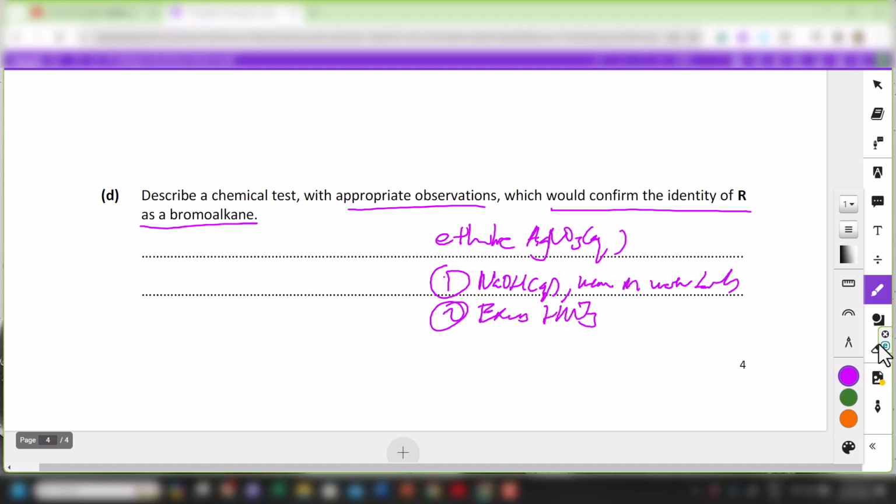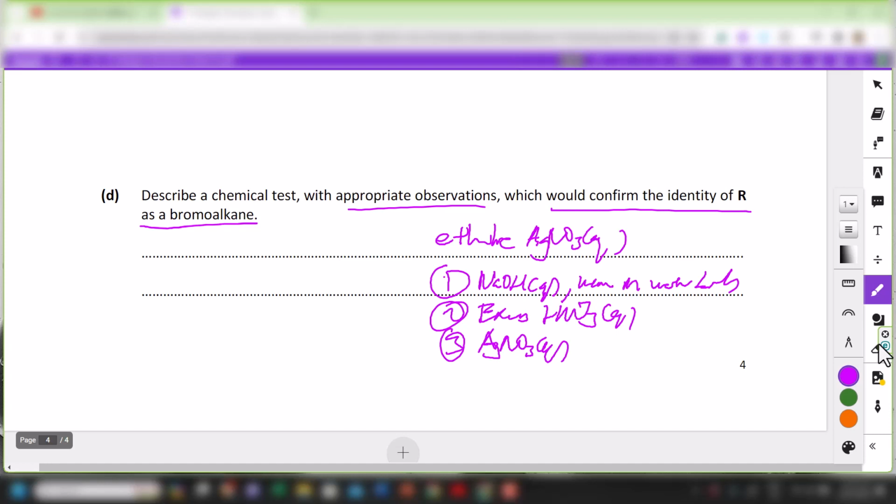The excess nitric acid is to neutralize the OH minus, so that the excess OH minus will not precipitate out silver hydroxide when I add silver nitrate in. Usually you test for excess nitric acid by dipping a blue litmus in and checking whether the blue litmus turns red. Then after that you can add silver nitrate. This is not ethanolic silver nitrate, just aqueous silver nitrate.